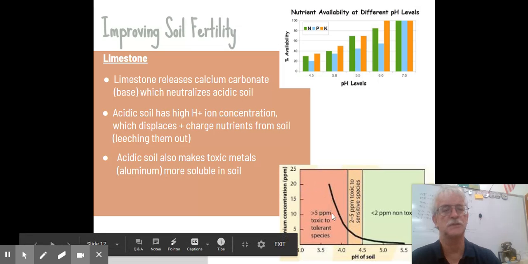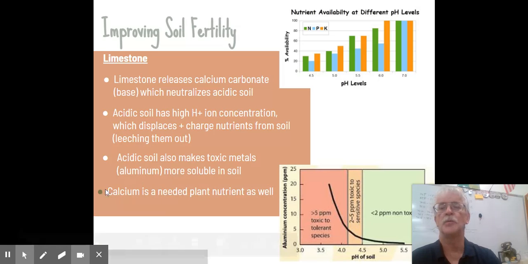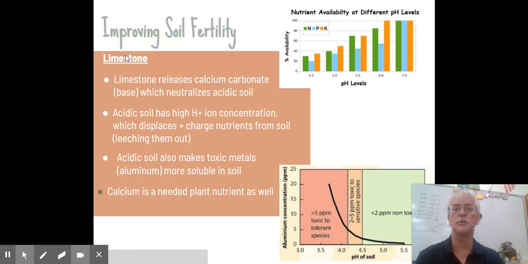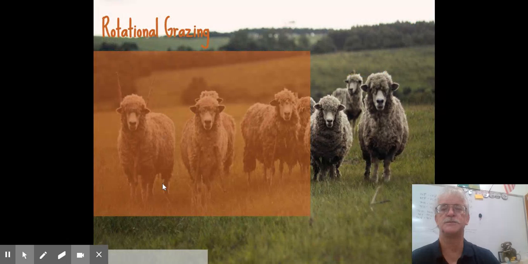And so again, certain crops are able to do better down at around 4, whereas anything higher kills them. We also use calcium because it's needed as a plant nutrient. So limestone is good because it neutralizes the pH and it adds calcium, which is needed by the crops.